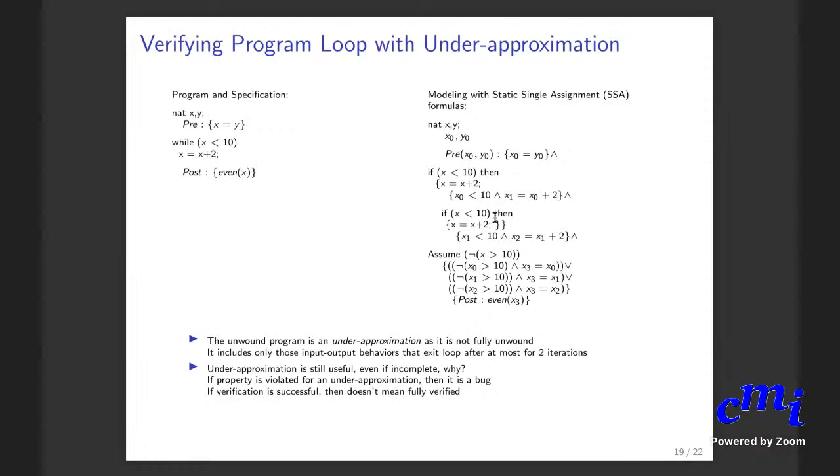Symbolic model checking is using symbolic logic to model artifacts and programs, and then checking certain properties of this kind that we are doing. These are called safety properties. And this method is called bounded model checking because you're only checking it for up to certain bounded behaviors of your original program.